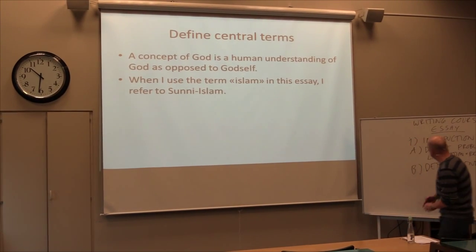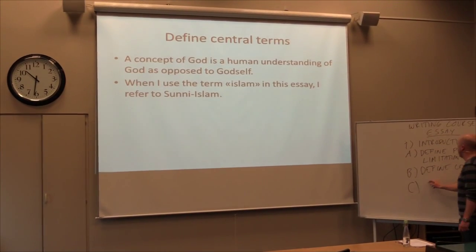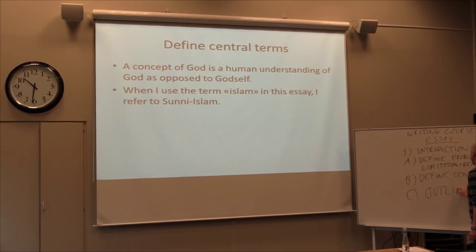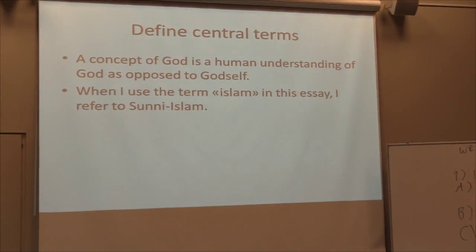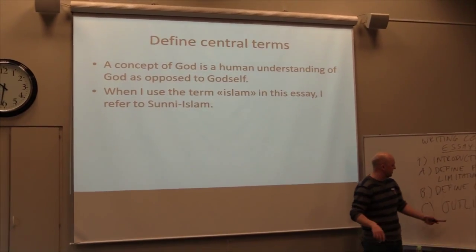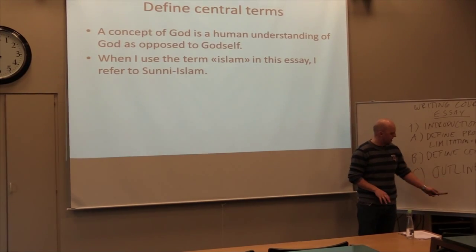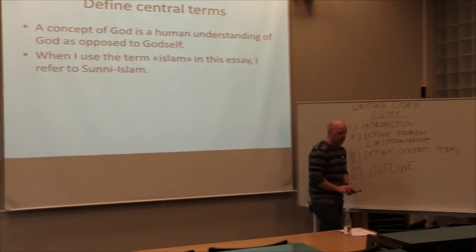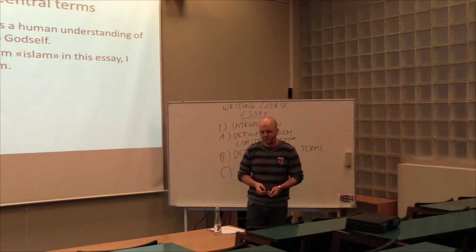Then I go to C, which is outline. Here you present the structure of your essay. Say what comes first, what comes then, why have I done it like this? This is also very helpful for the reader because it's much easier to read when you know what comes when.